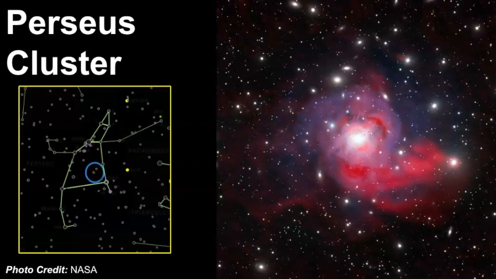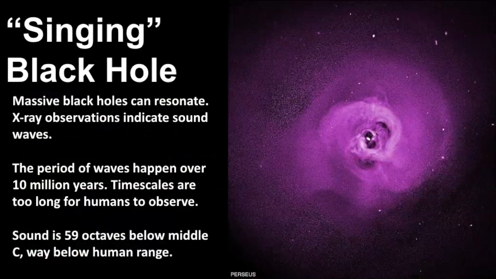This was taken by the Hubble Space Telescope, so you're not likely to see this particular object if you have an amateur telescope. However, if you were to look in this region and we had a mega telescope, that is where you would find the Perseus cluster. So those are all the different galaxies that exist.